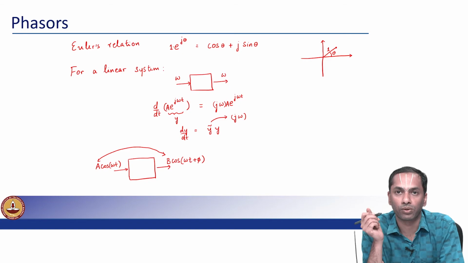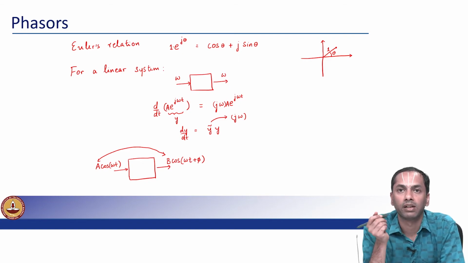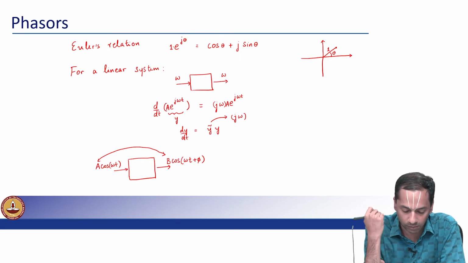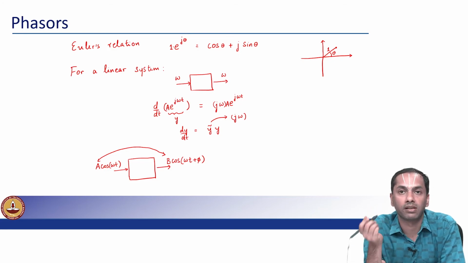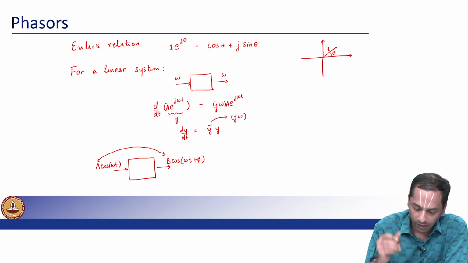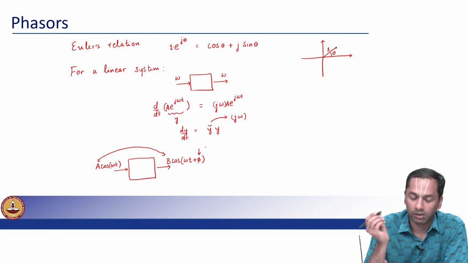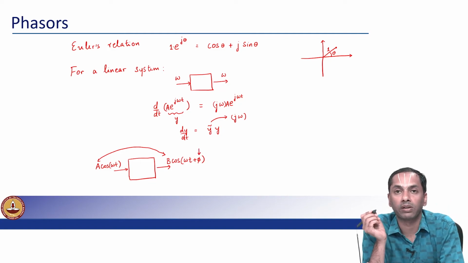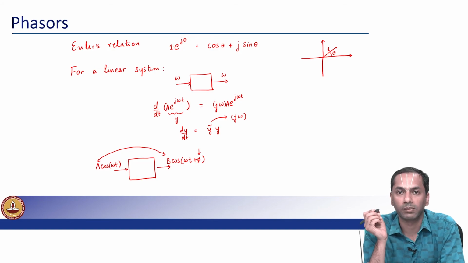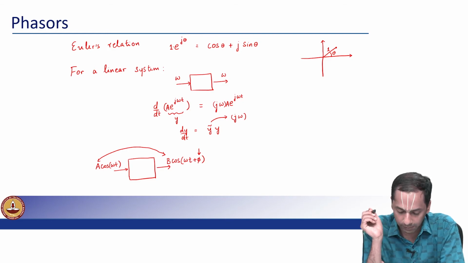This is of course true, because if the input excitation was voltage and the output that I am seeking is current, of course A and B have different units. So, we have to allow for changes in the prefactor, and we only allow for a change in a constant phase relationship, but the time dependence is only dictated by the same frequency omega that forced the linear system at the input.